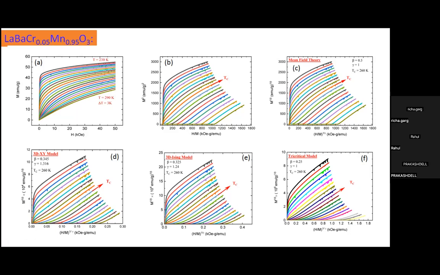If the y-intercept is positive in the m square over h by m plot, then it is known as second order phase transition. If it is negative, then it is known as first order phase transition. But we know magnetization is second order phase transition. If you take 2, you do not satisfy to explain the magnetic phase transition, because as per the Arrott theory, this exponent has to be less than 1. That beta.